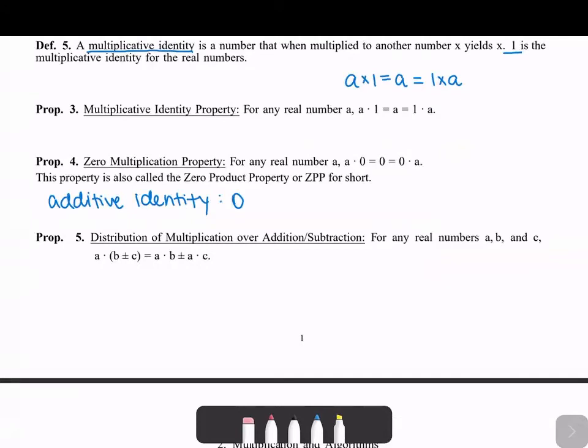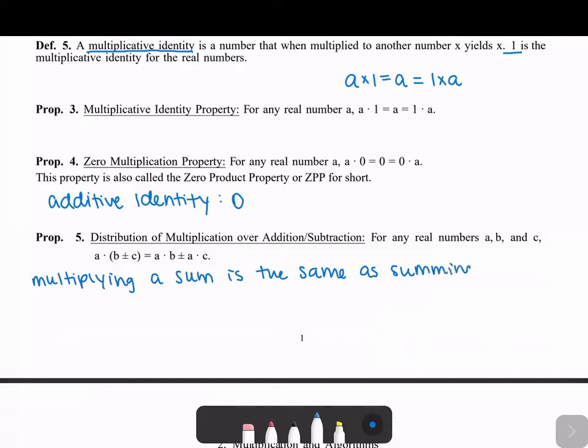When we multiply a sum, it's the same thing as summing the multiplications.